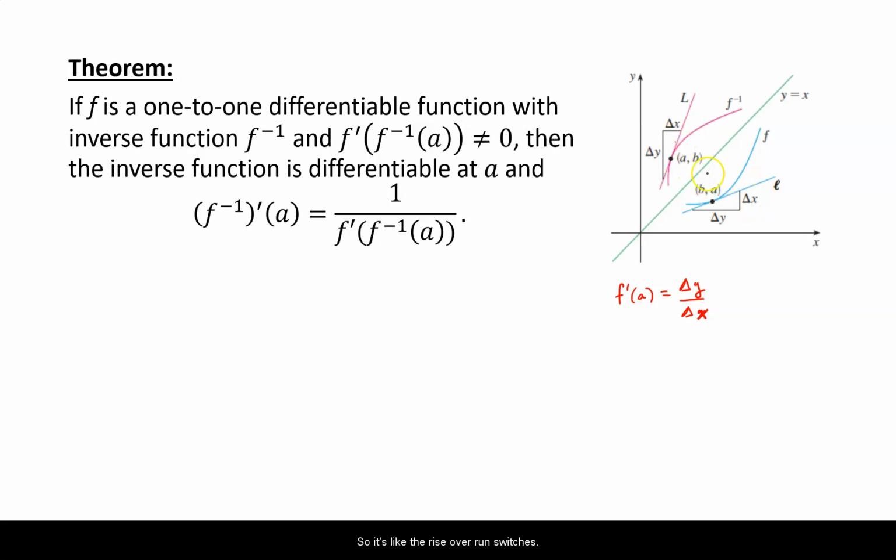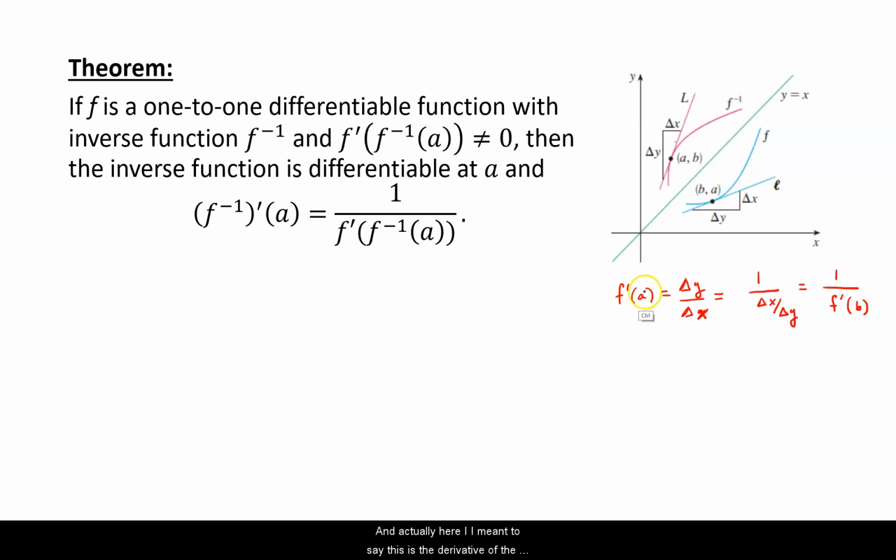So it's like the rise over run switches on the original function there. And really this then could be written in terms of that slope there, delta x over delta y, just by flipping this over. And so there we have 1 over the derivative of the original function f, in this case at b. So it's 1 over f prime of b.